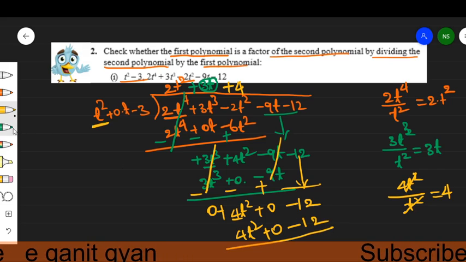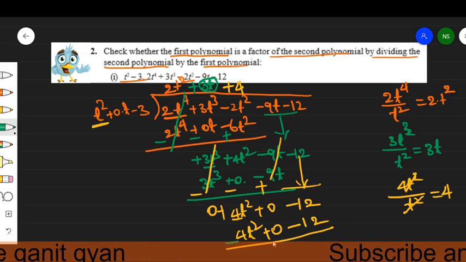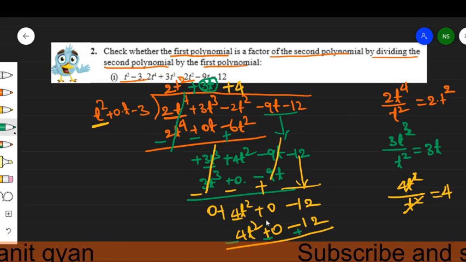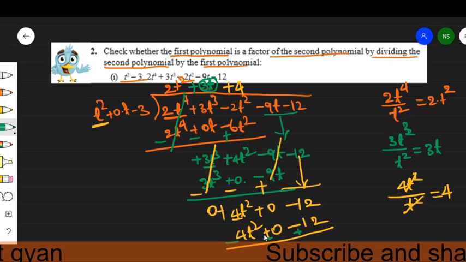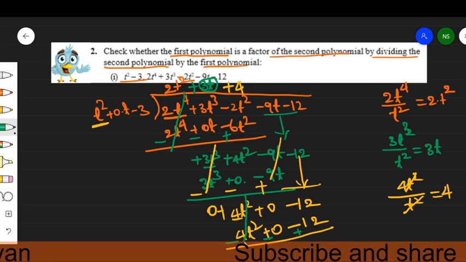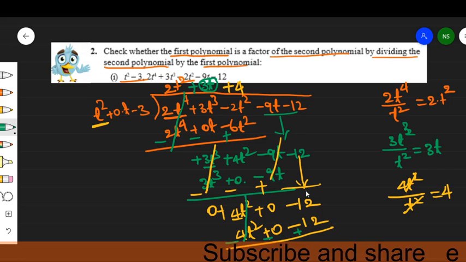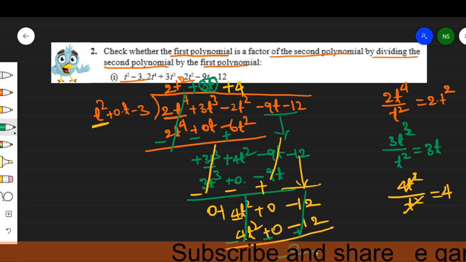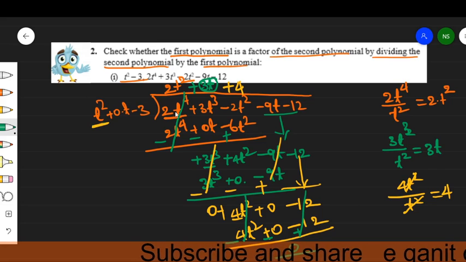Here we should change the symbol because we are subtracting. If we are having plus, we will write minus. If we are having minus, we will write plus. So these two terms will become 0. These two terms also will become 0. Finally, we will get the remainder 0.